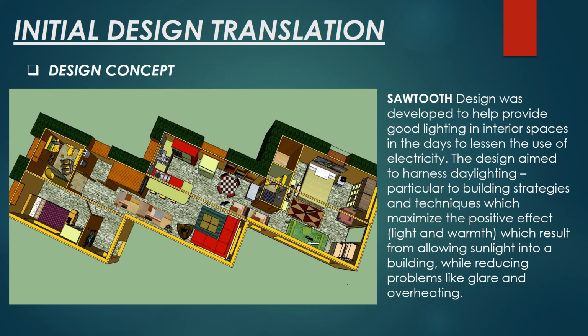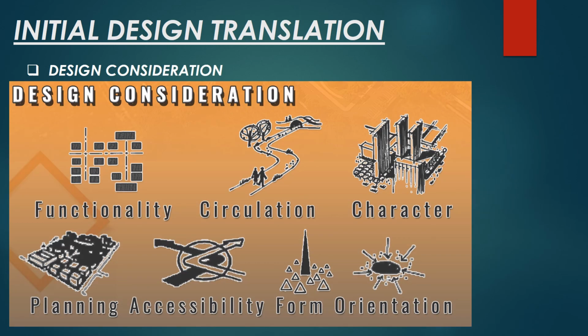The design aimed to harness daylighting, particularly building strategies and techniques which maximize the positive effect of the light and warmth which results from allowing sunlight into a building while reducing problems like glare. For the design considerations, we will consider the functionality, circulation, character, planning, accessibility, form, and orientation.